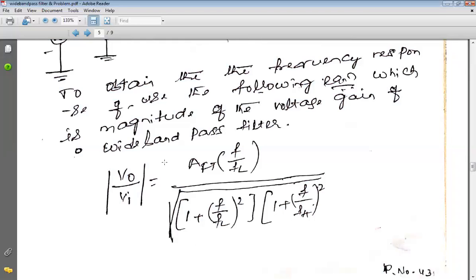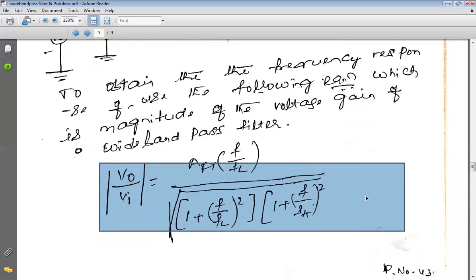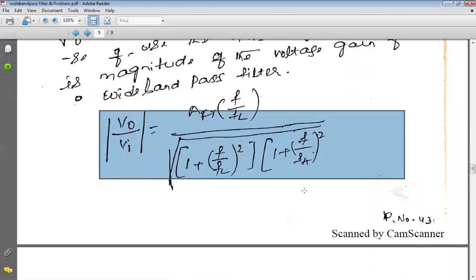I already explained this magnitude in the previous section. Because both are cascaded, I multiply the magnitude of the low pass filter section and the magnitude of the voltage gain of the high pass filter section, and I get the magnitude of the voltage gain of the wide band pass filter, which is a first order wide band pass filter.